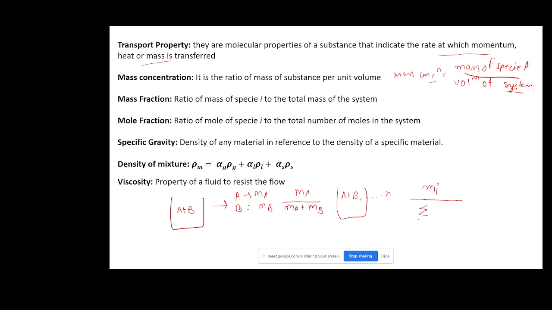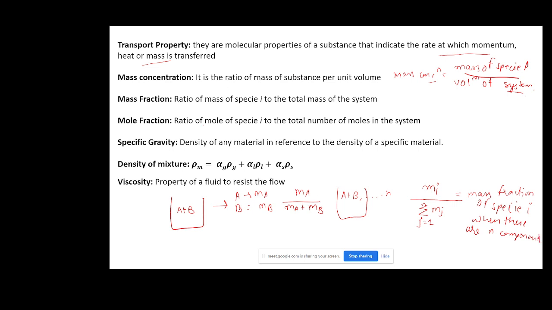That will be the summation of Mj from j equal to 1 to n, which is the total number of species. So this is the mass fraction of species i when there are n components.